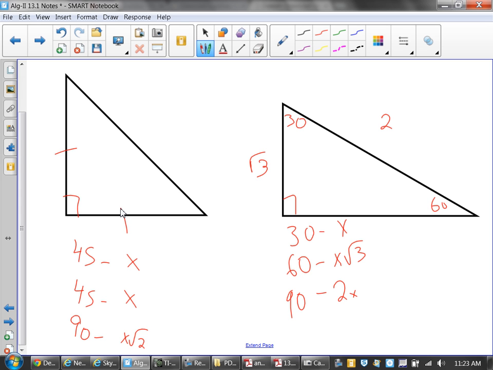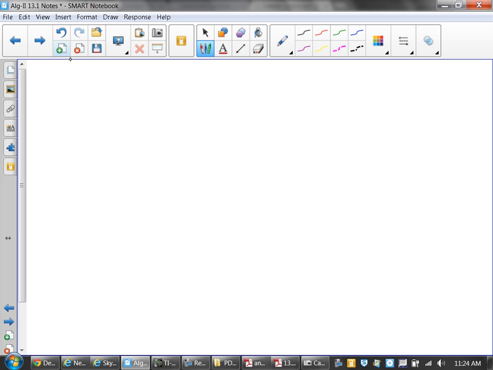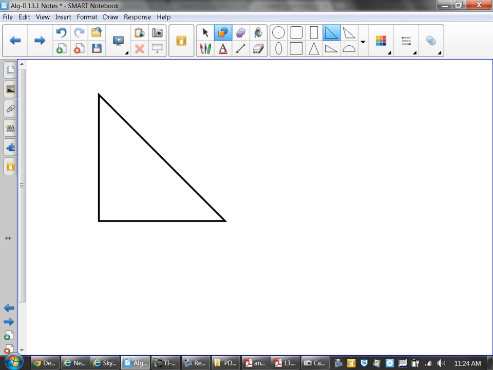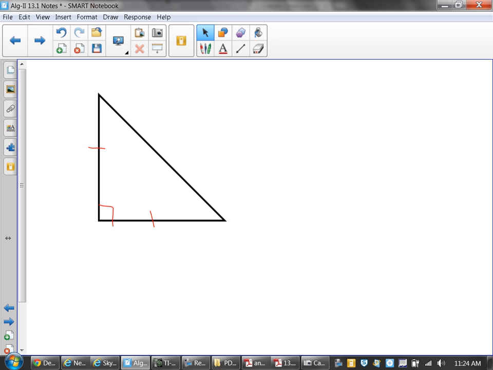Let me show you how you work through this. If I'm looking at a 45, 45, 90, we said the sides were the pattern of x, x, and x root 2, correct? Let's let x equal 1. So it would be 1, 1, and square root of 2. Do you agree? Okay.